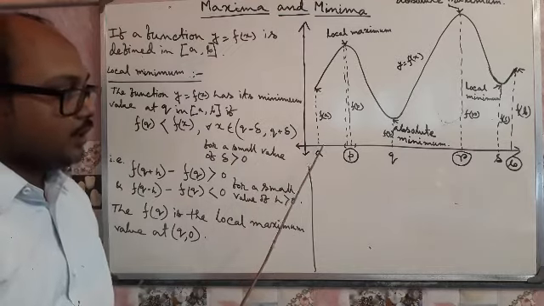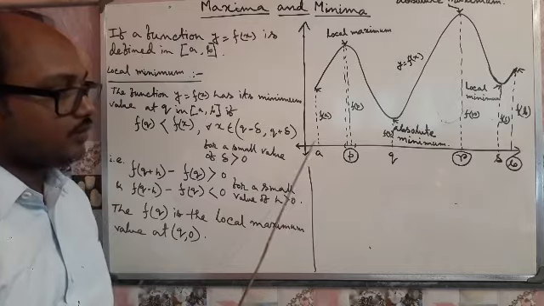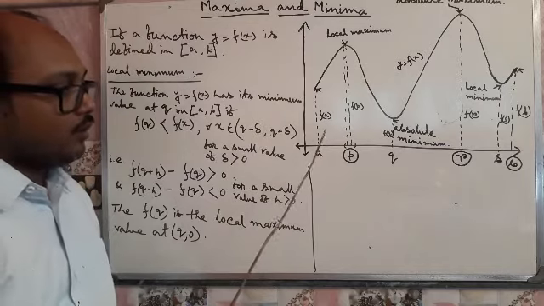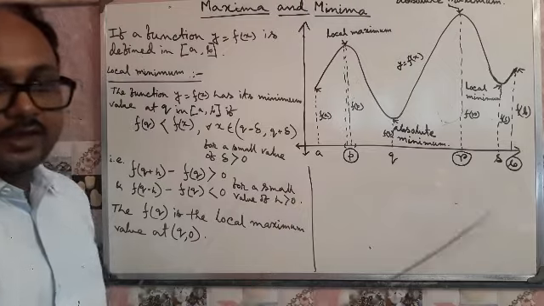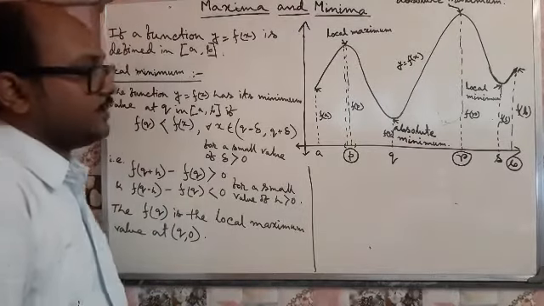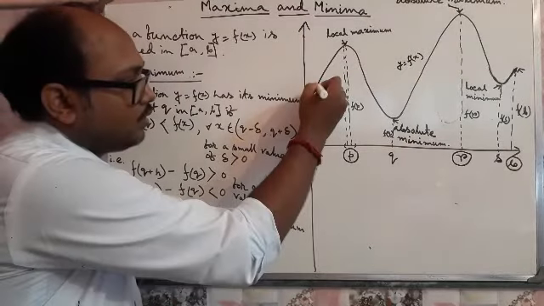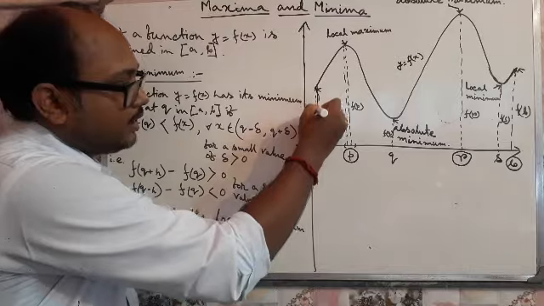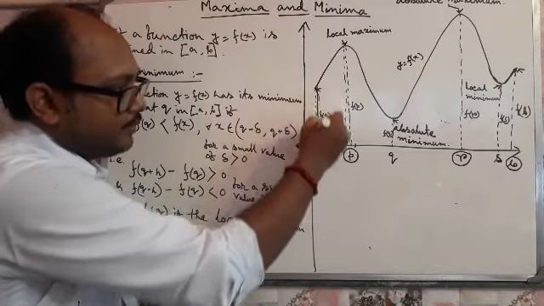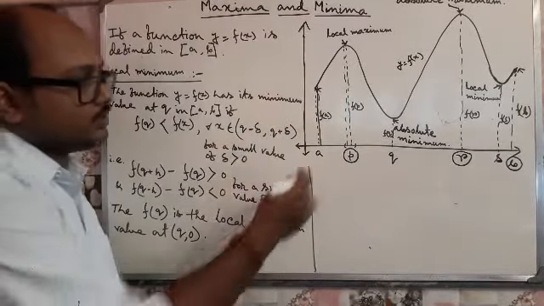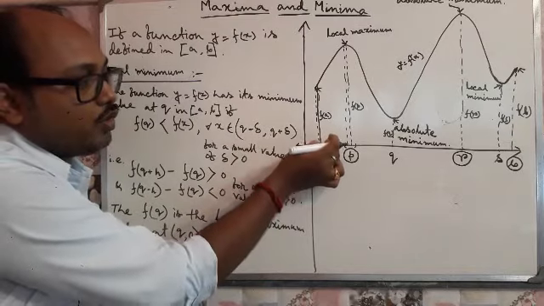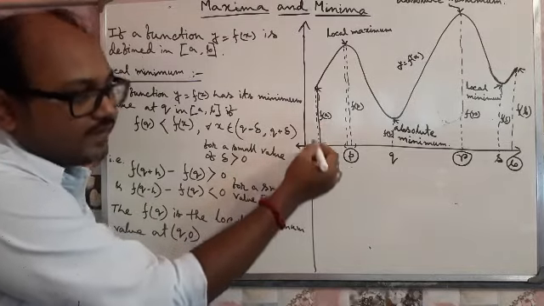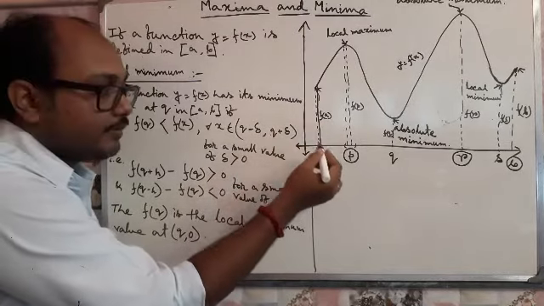In this neighborhood of A, all the functional values are greater than f of A. If we draw some lines here, you see all the lines are greater than f of A. That's why f of A is the smallest among all the functional values in the neighborhood of A.